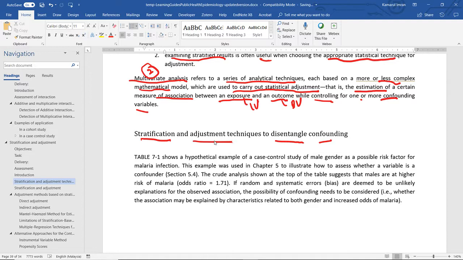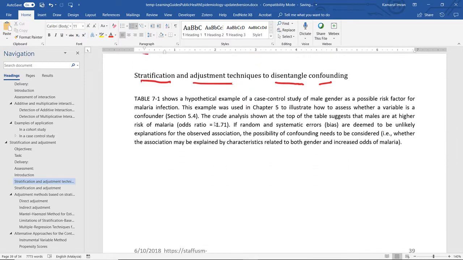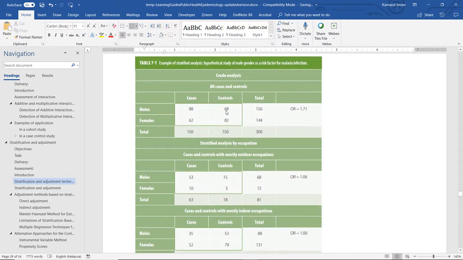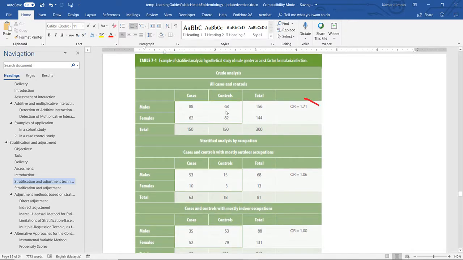For example, in table 7.1, you look at the odds ratio here, and this one is for all cases. This one is the stratification by outdoor occupation and indoor occupation.